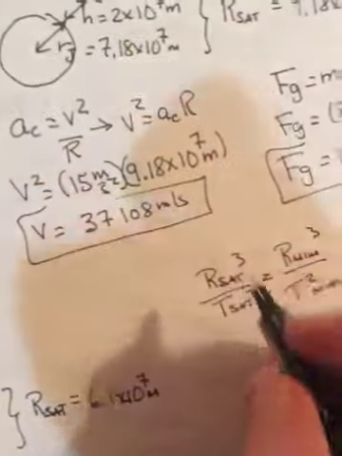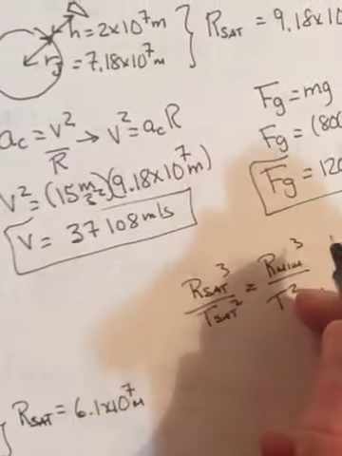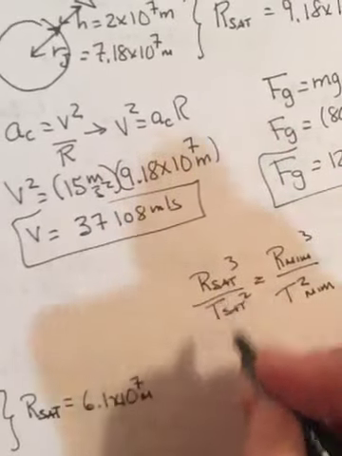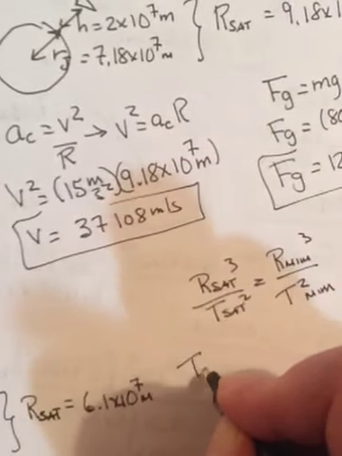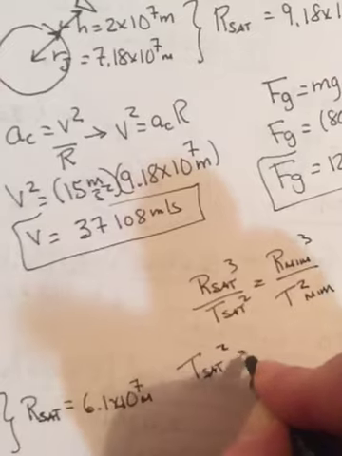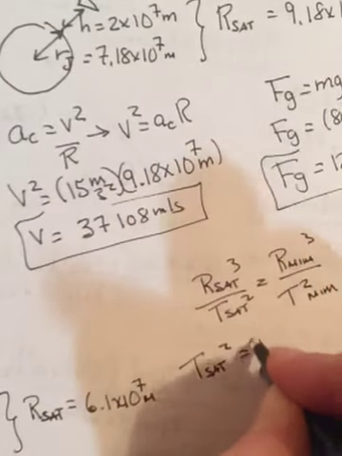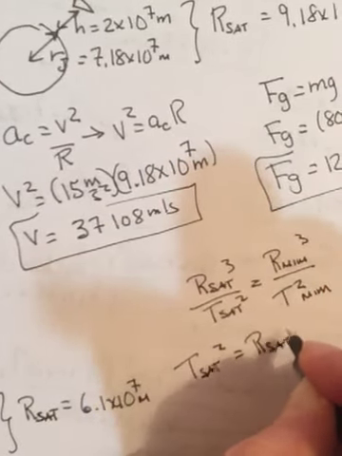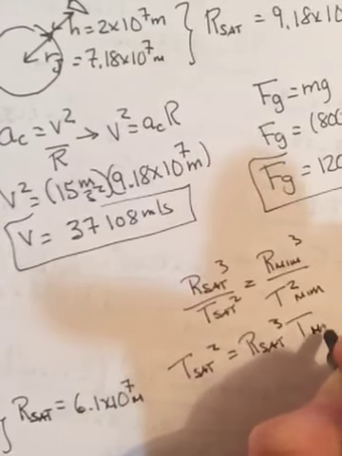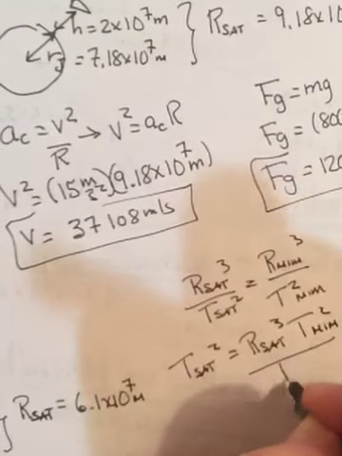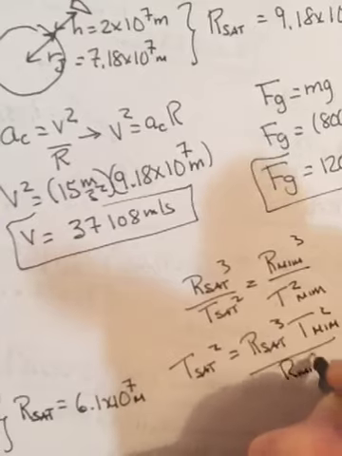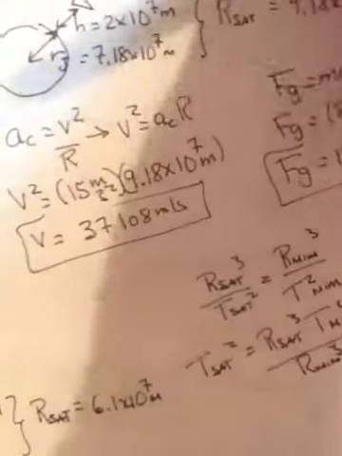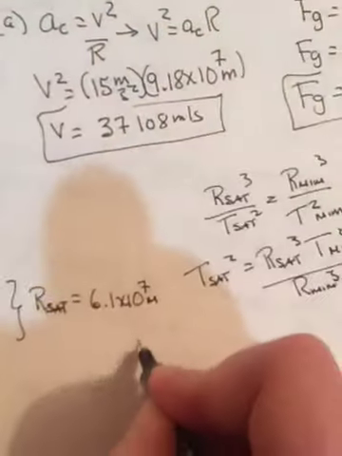So we go back to our equation, and we're looking for T of the satellite. Cross multiply, and you'll end up with T of the satellite squared equals r of the satellite cubed times T of Mimas squared over r of Mimas cubed. Now fill your numbers in.